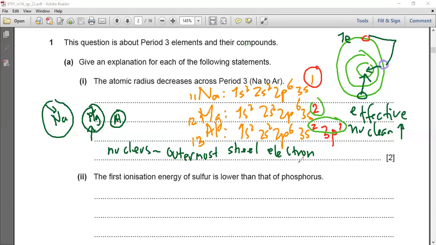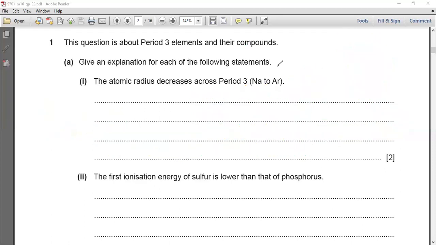Now, how to organize your answer. Of course, I only use this just for explanation. To organize this answer, we can use a good sentence. The atomic radius decreases across a period because we are adding electrons at the same shell.